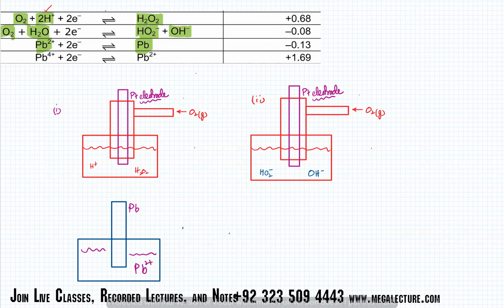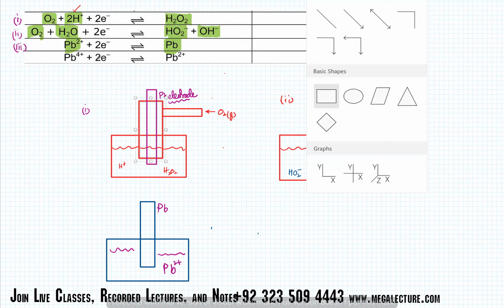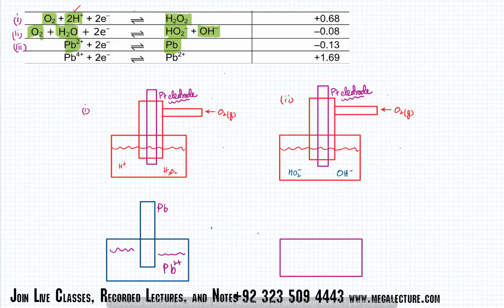Then you have the fourth one. The fourth one is only ions. So you have a solution that's got ions. All your ions will be part of the solution, so you'll have Pb2 plus and Pb4 plus, all part of the solution.